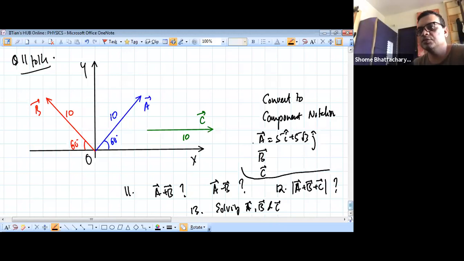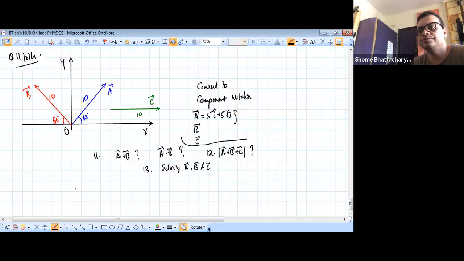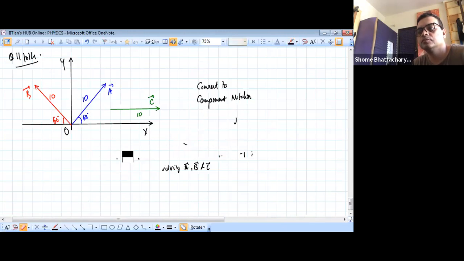So you can see from this diagram that if you write out all the vectors in component form, just one minute, let's make some space here. So as we convert all the vectors to component form, our vector E is 5 i cap plus 5 root 3 j cap.